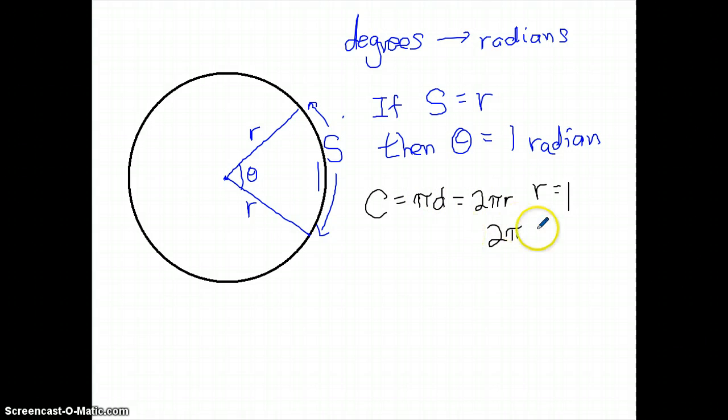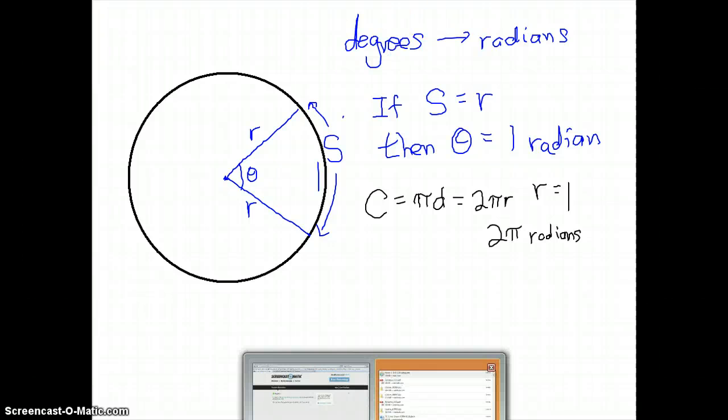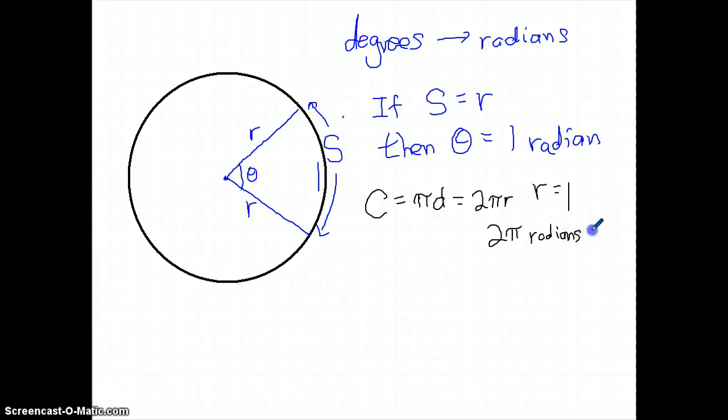So 2 pi radians. Normally, if an angle is expressed in radians, you're not going to see the word radians or RAD written out. Generally, if there's no degree symbol, you're going to assume the angle's in radians. But this is going to be equal to 360 degrees.